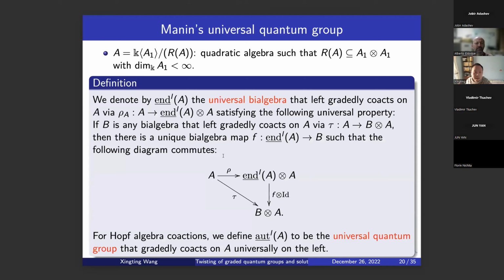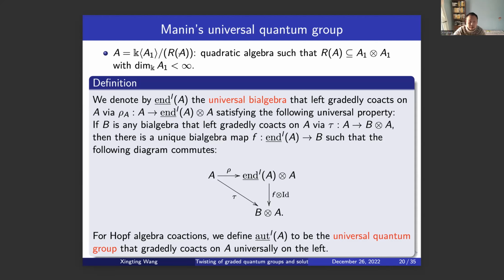I take a so-called quadratic algebra A. It is generated in degree 1 with quadratic relations, and there is no requirement that it be commutative. Everything is non-commutative, but we need the relations in degree 2, just like the polynomial rings, which are an example of a quadratic algebra. Then we usually need to add a finite generation condition.